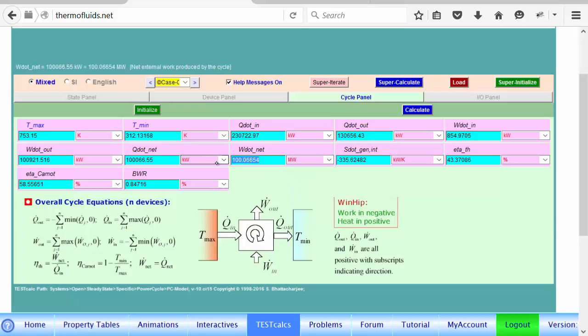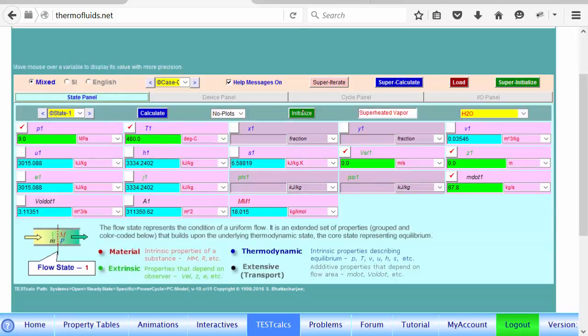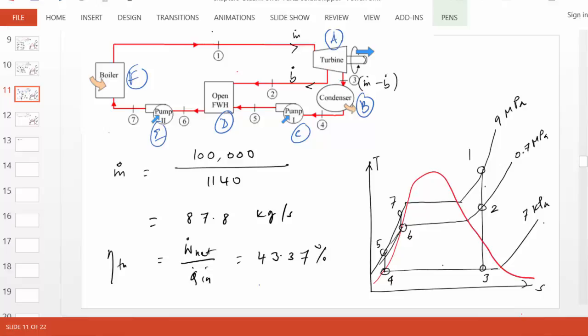Sometimes when you propagate a lot of calculations, super calculate doesn't manage to complete the calculations. In that case, you have to click super iterate to continue transmitting numbers from state to state. So once again, we have now completed the solution of this complex problem, and we can now pursue various what-if studies.